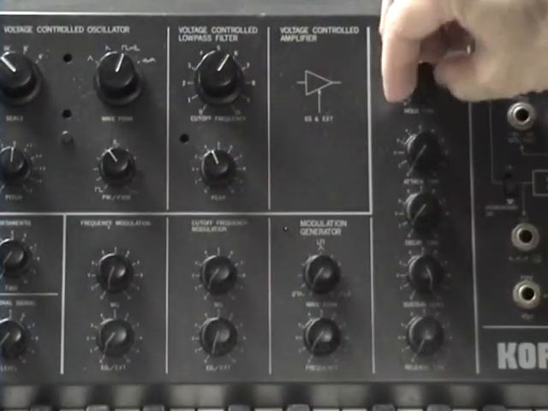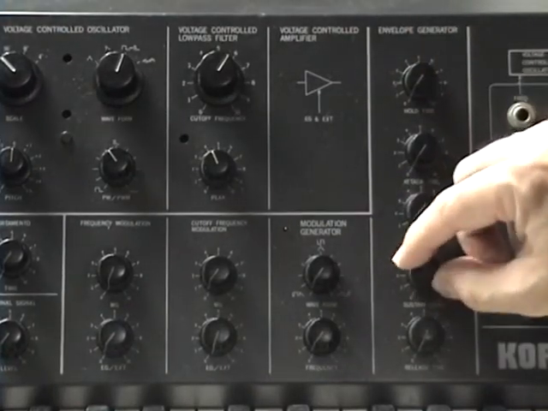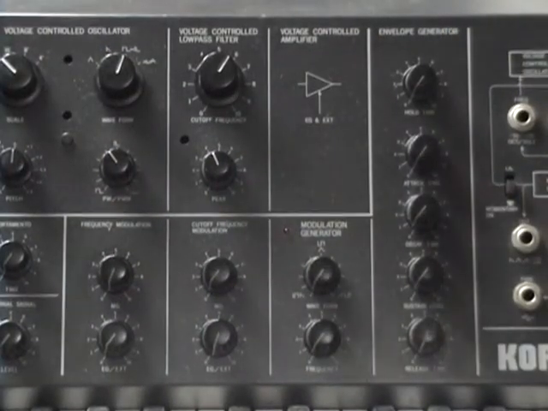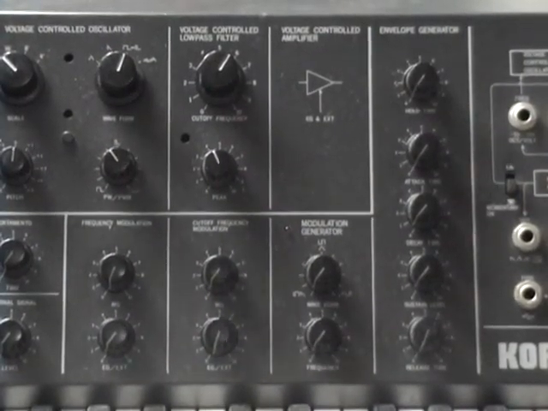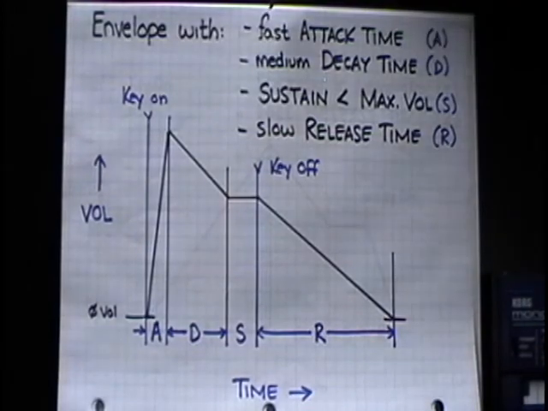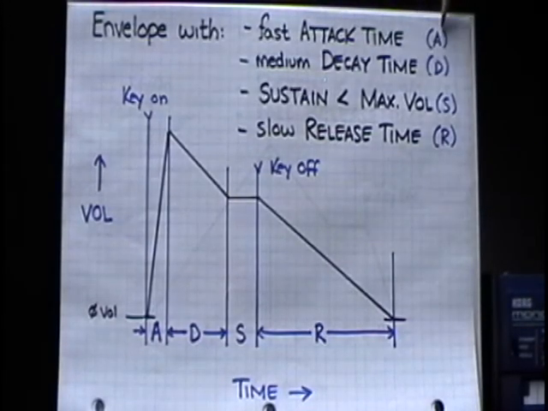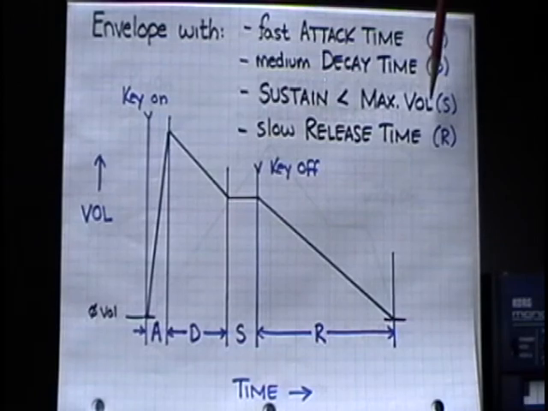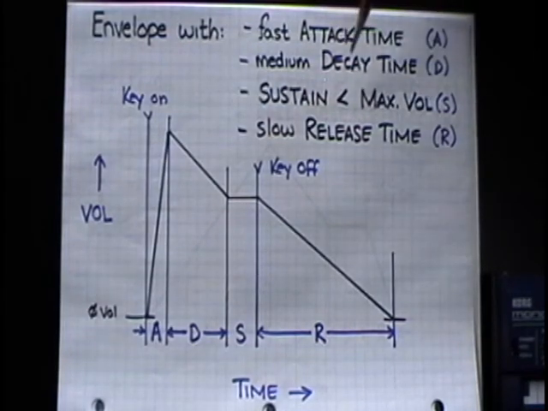Okay, so what we're going to do, we've got a couple different things here. First, we're going to look at an envelope with a fast attack time. That's your A from ADSR. A medium decay time. Sustain level something less than the maximum volume, so that we can hear each stage here.